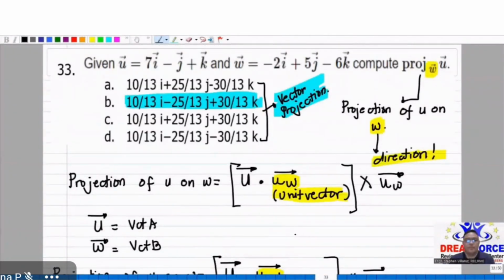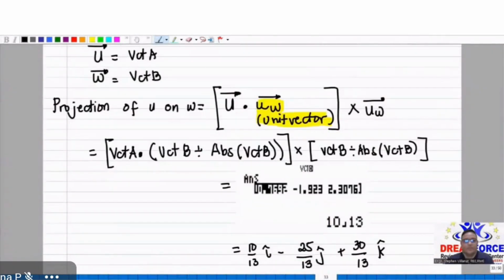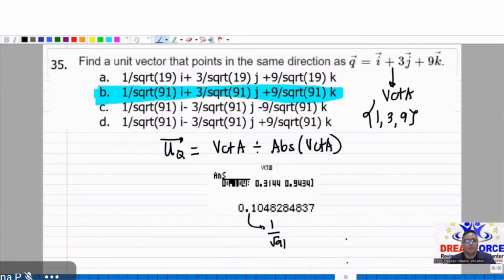Next, 33. Vector projection. Letter B. Part 1. Then, part 2. Next, 34, cat, dot product lang. Next, 35, boy.